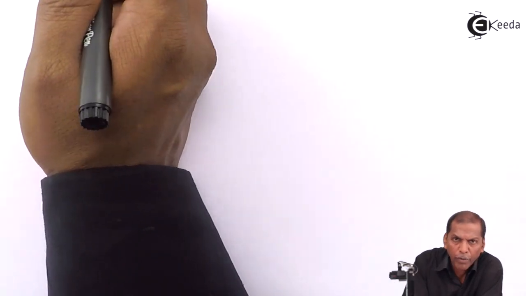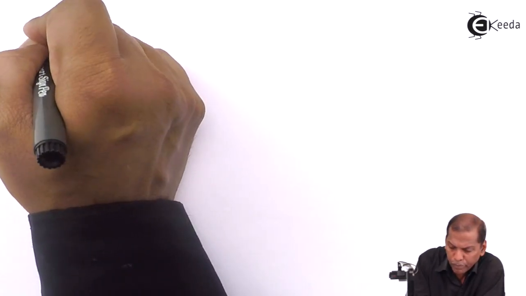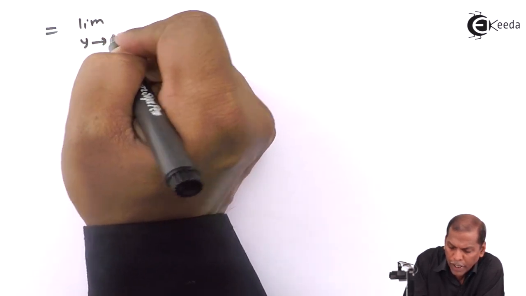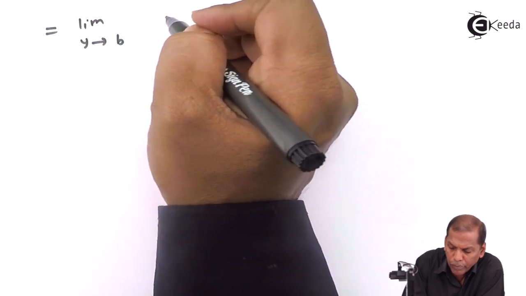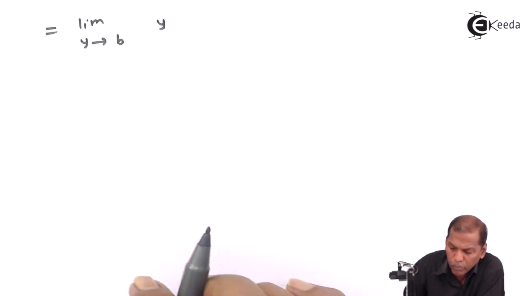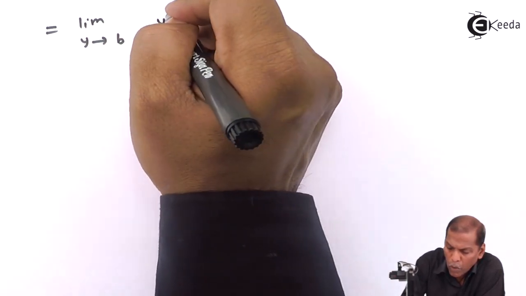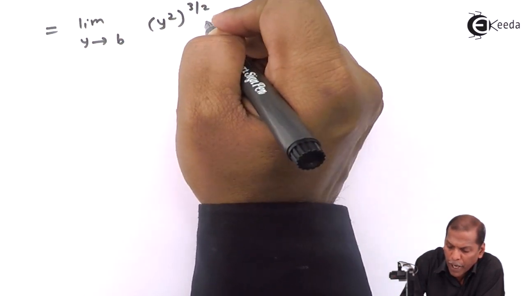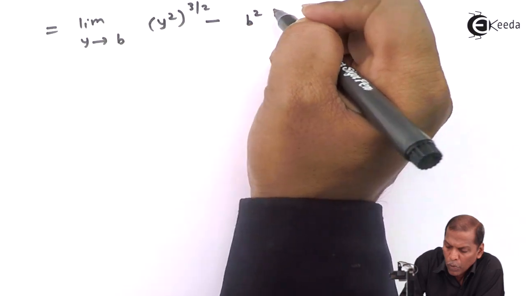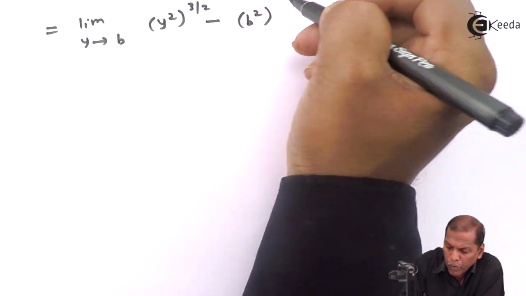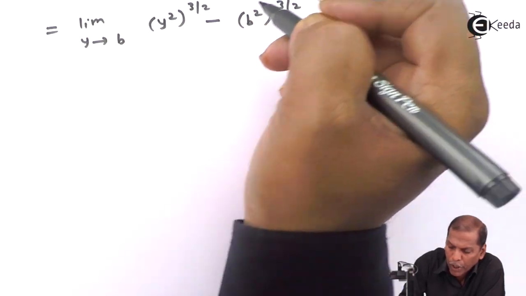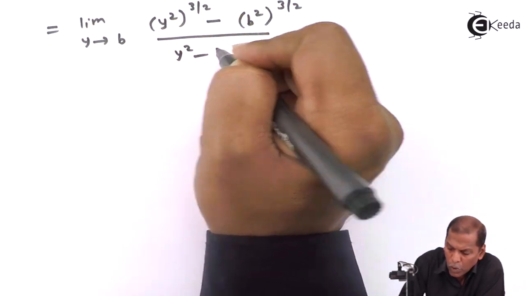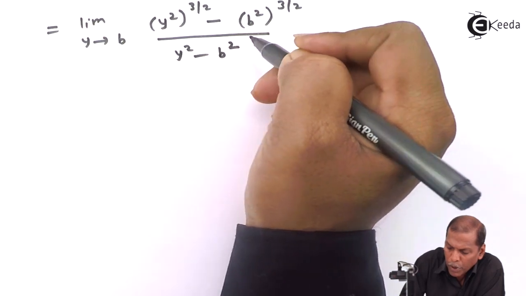Therefore the next step will be limit y tends to b of (y square) whole bracket raised to 3 by 2 minus (b square) whole bracket raised to 3 by 2 upon y square minus b square.